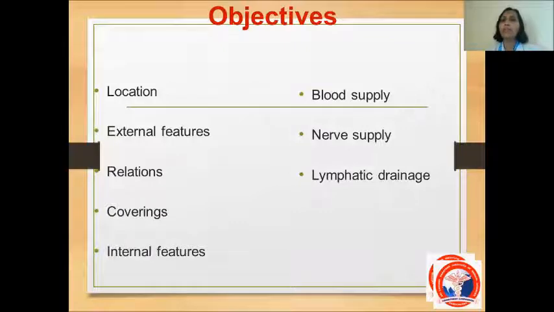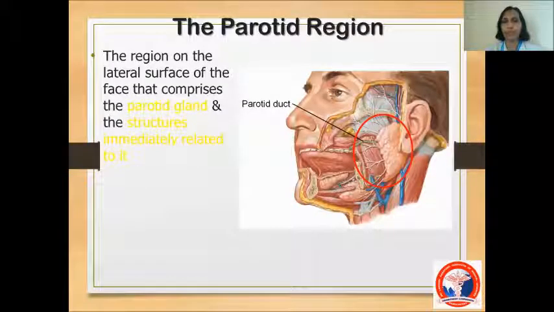We'll add the blood supply and the nerve supply of the gland and the lymphatic drainage. We have to discuss the clinical correlation of each structure in anatomy because we just do not limit our discussion to the basic anatomy of the structure, but also correlate this knowledge with the clinical conditions which are related to the particular structure under discussion.